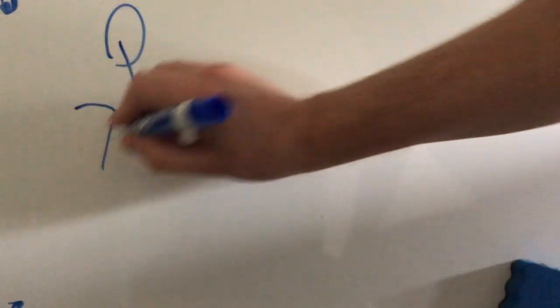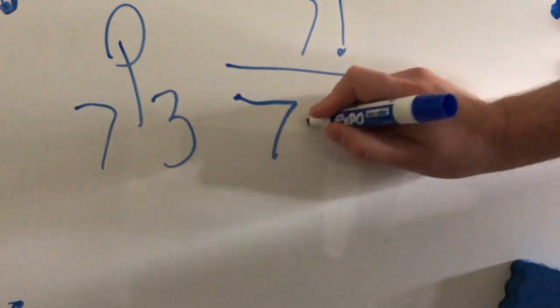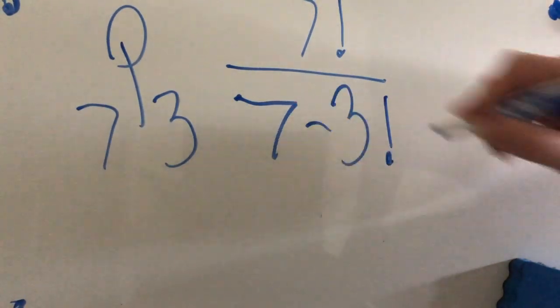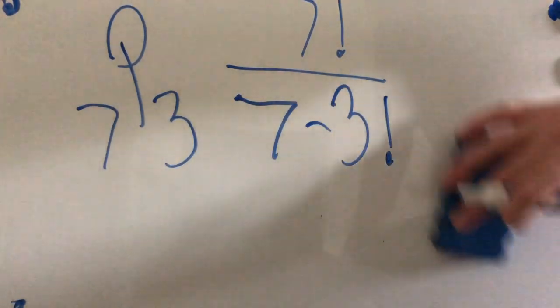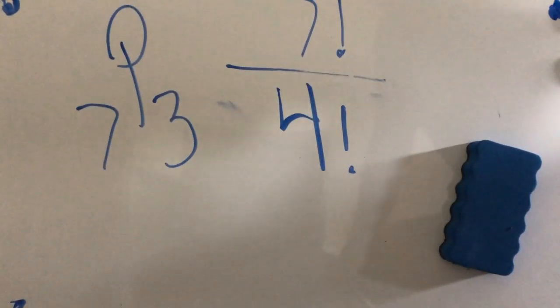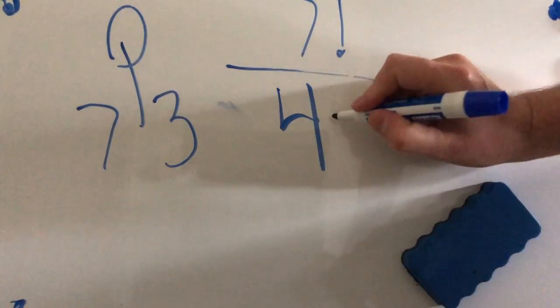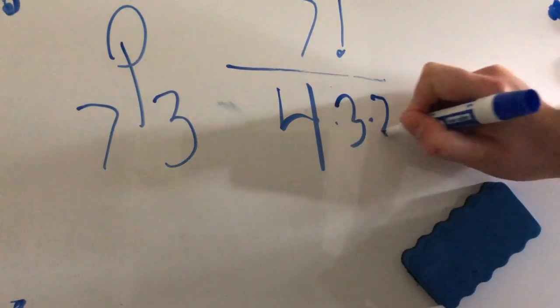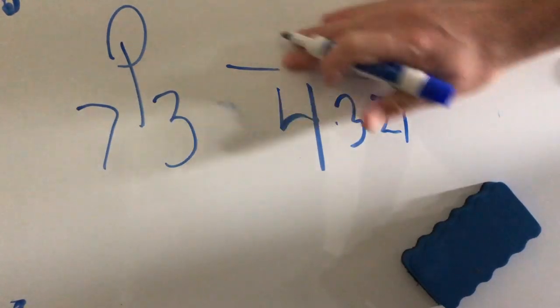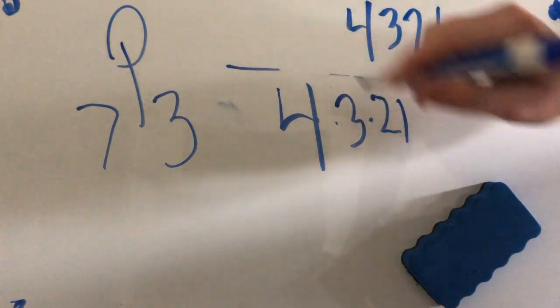And let's do the last one together, permutation of 7 and 3. 7 factorial is on top, 7 minus 3 factorial is at the bottom. 7 minus 3 is 4. Then I do the factorial. Remember, any 4, 3, 2, 1 will cancel.